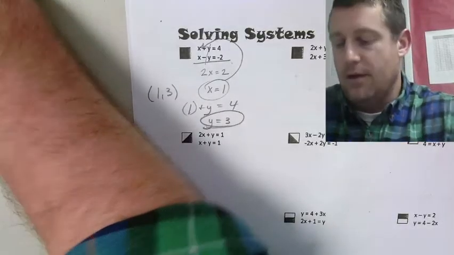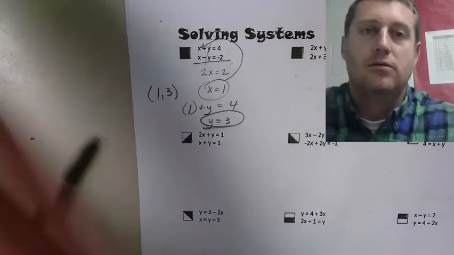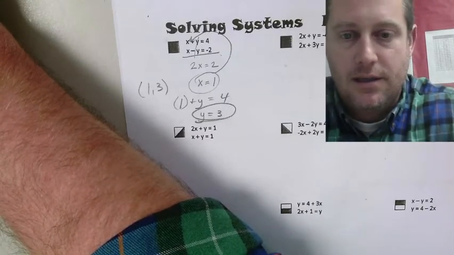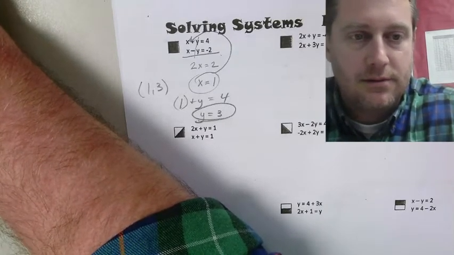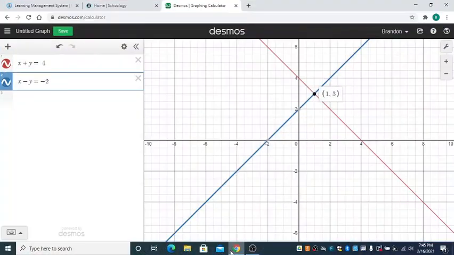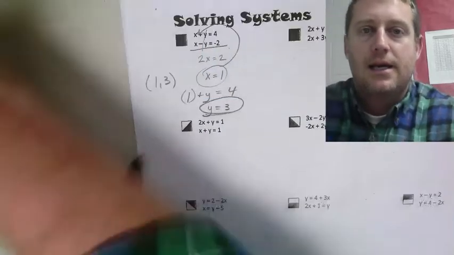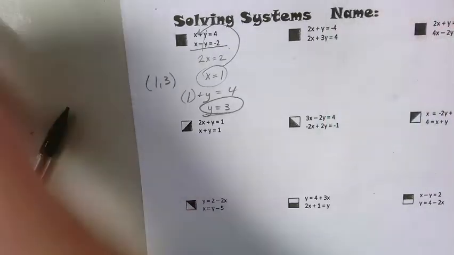What's it say? Drum roll, 1, 3. Okay, uh-oh. Did this not show up? Try that again. There's your 1, 3. Okay, I'm sorry about that. It must have clicked off on me. I apologize.